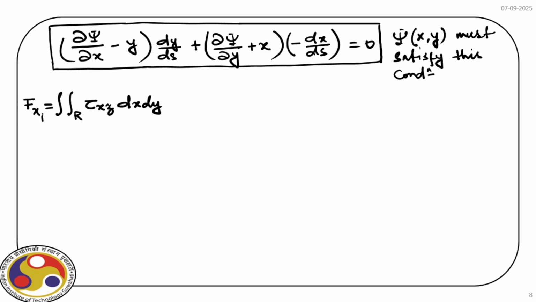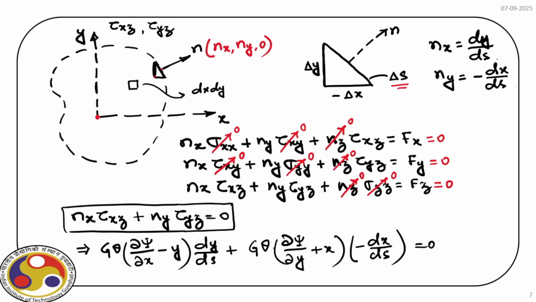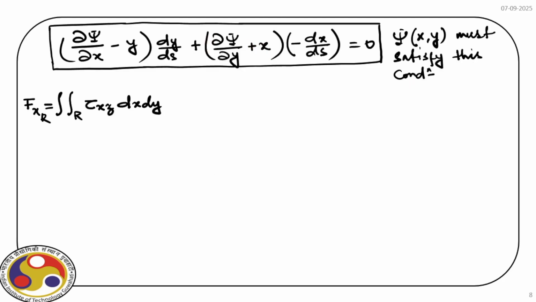We just put subscript R just to differentiate this from the Fx at the boundary that we have here, right? Okay. So this is the net force that we derive from the stress acting over the region, the cross section that we have just identified.